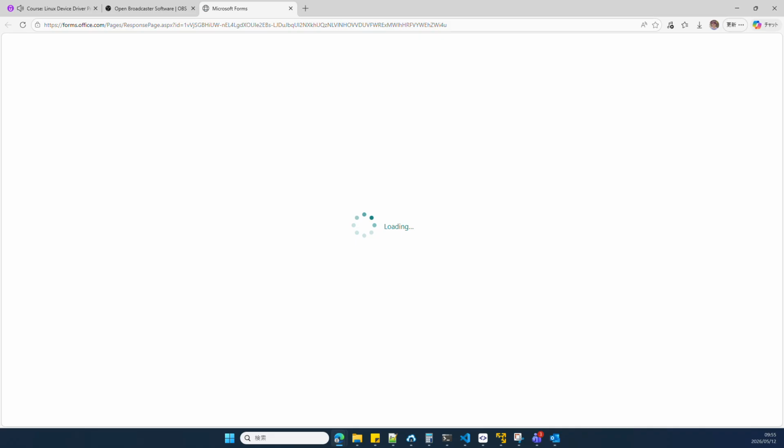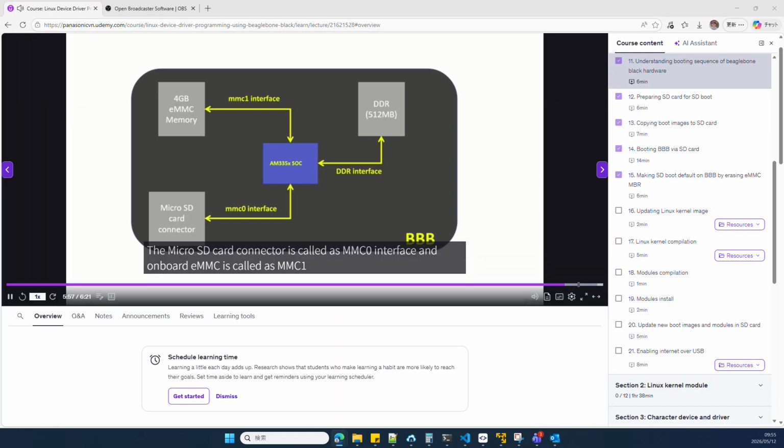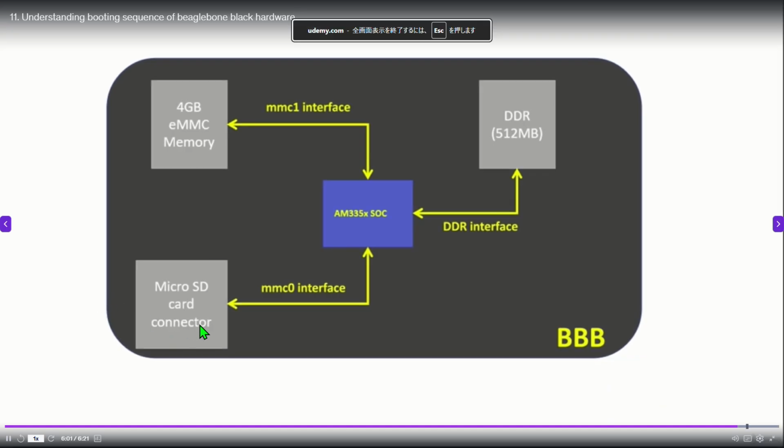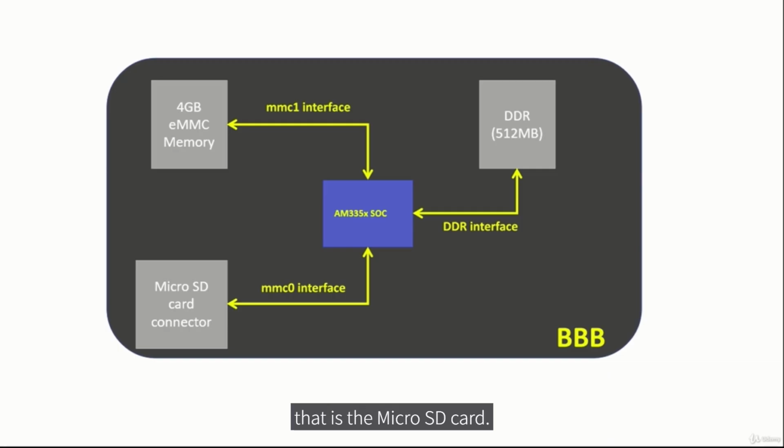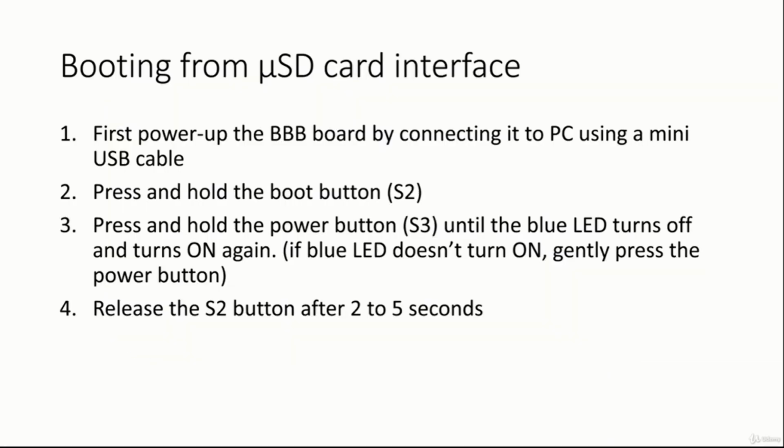The micro SD card connector is called the MMC0 interface, and the onboard eMMC is called the MMC1 interface. As I said before, we will not be booting from the MMC1 interface. We'll be booting from the MMC0 interface, that is the micro SD card.